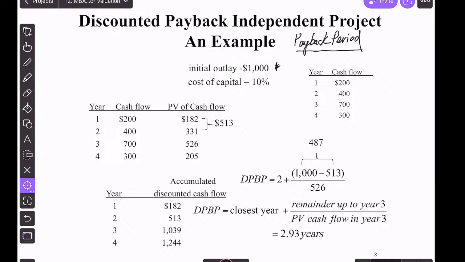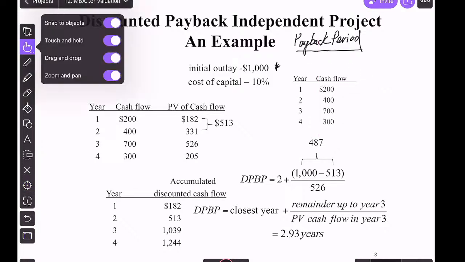So somewhere in the 3rd year, this is the end of the 1st, this is the end of the 2nd, somewhere in your 3rd year, you will have recovered the costs. To be more precise about that, we can make a calculation.